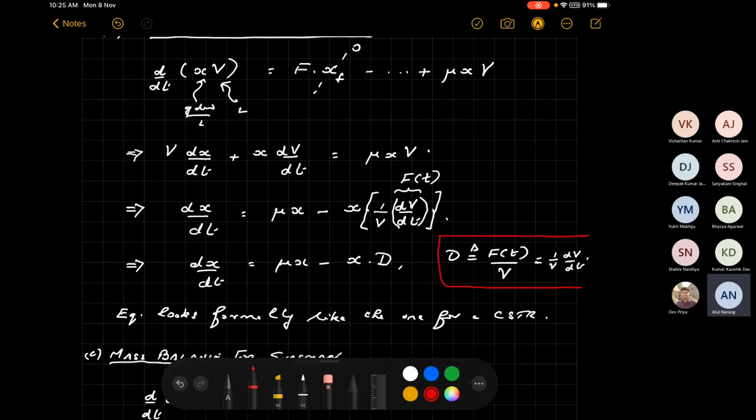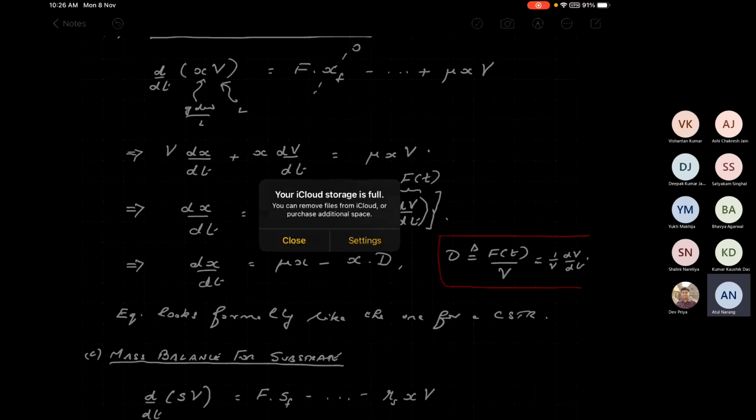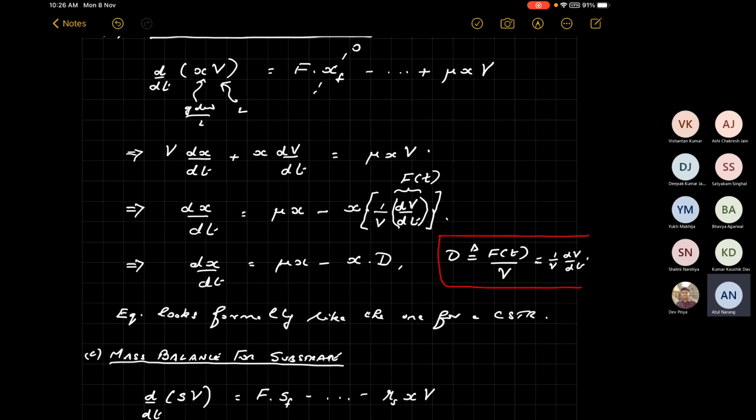So essentially, if I run the fed batch reactor such that the volume of the reactor increases exponentially, ultimately, why is the reactor volume increasing? It's because of the feed. That means the flow rate in must be increased exponentially. And if I do that, then I will get a constant D.